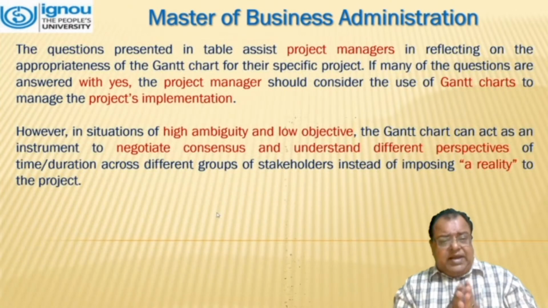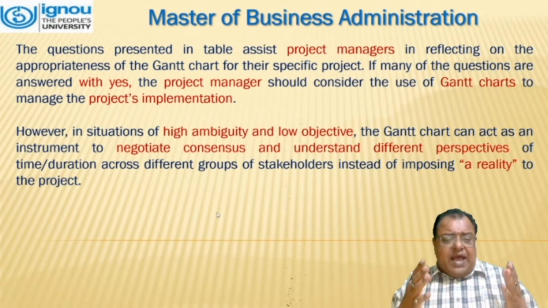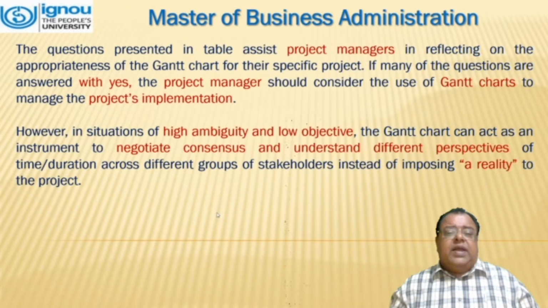The questions presented in the table assist the project manager in reflecting on the appropriateness of the Gantt chart for their specific project. If many of the questions are answered yes, the project manager should consider the use of Gantt charts to manage the project implementation.